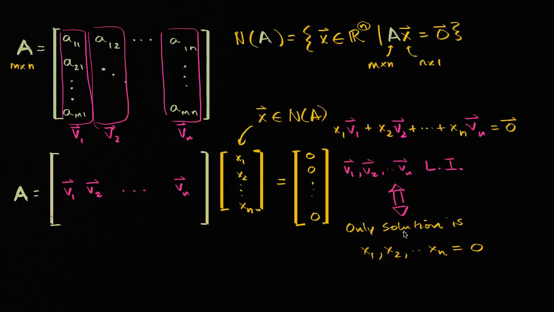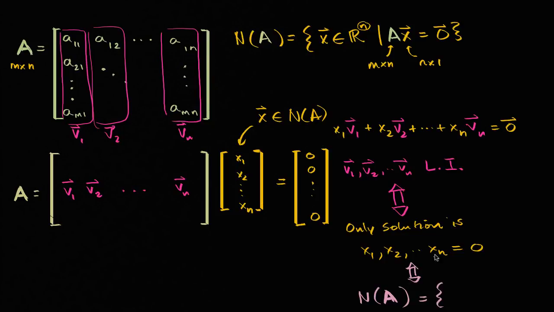Well, if the only solution to this is all of the x1s through xn's equal to 0, that means that, this is only going to be true, you could say if and only if, the null space of A, let me make sure it looks like a matrix, so I'm going to bold it, the null space of A only contains one vector.